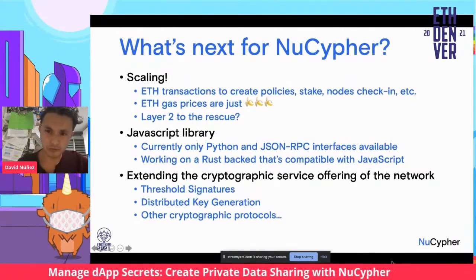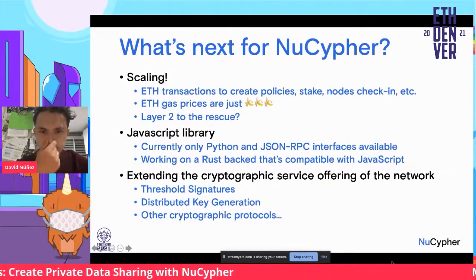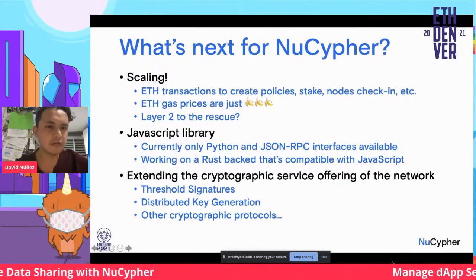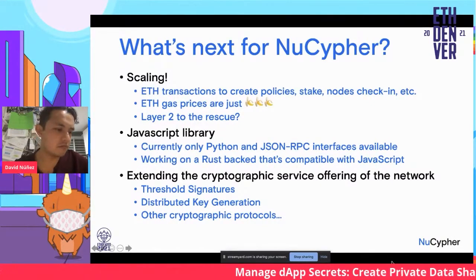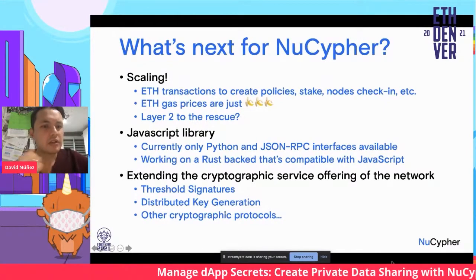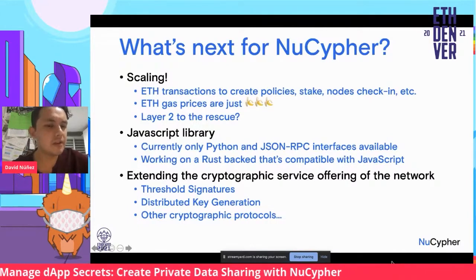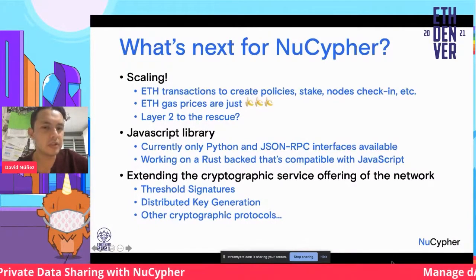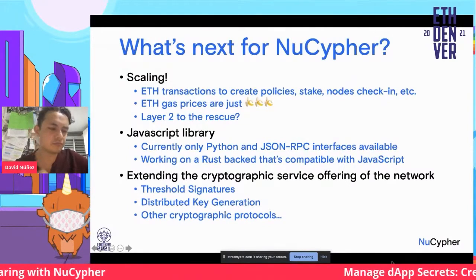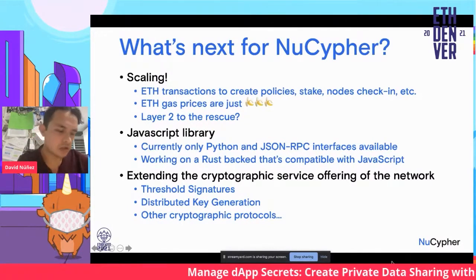NuCypher nodes have to perform a daily check-in, for example. All these operations require an Ethereum transaction, and the gas prices are just crazy. So now, there are different things that we could do, but potentially layer 2 is the best road ahead. So that's something that we are working on right now.